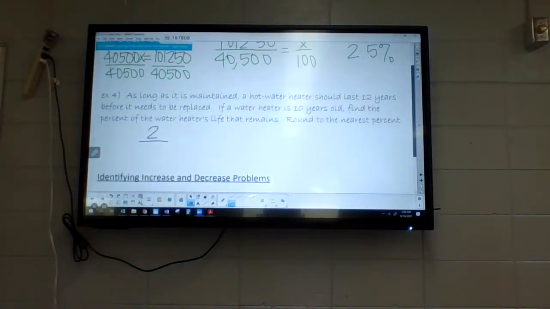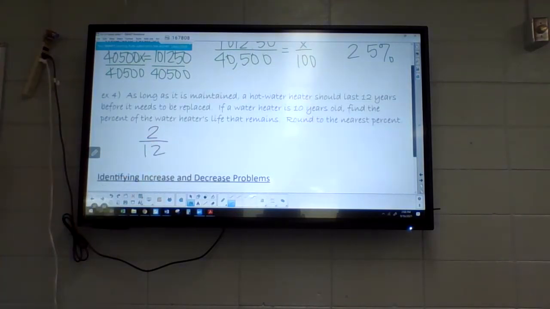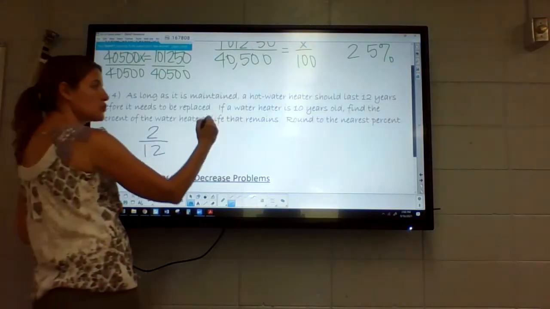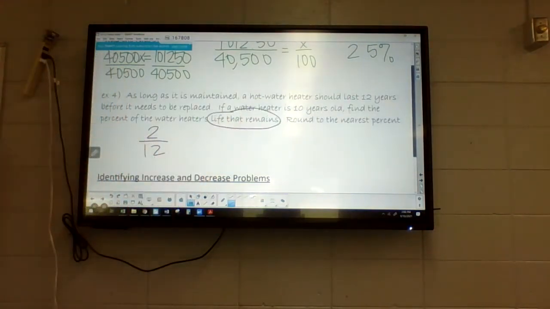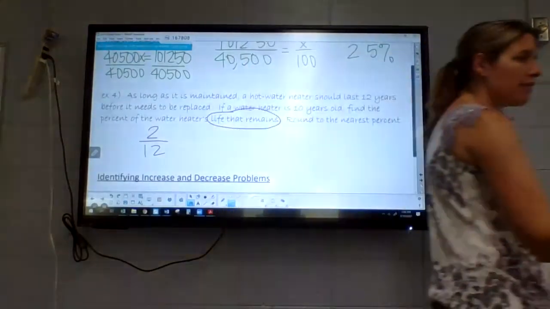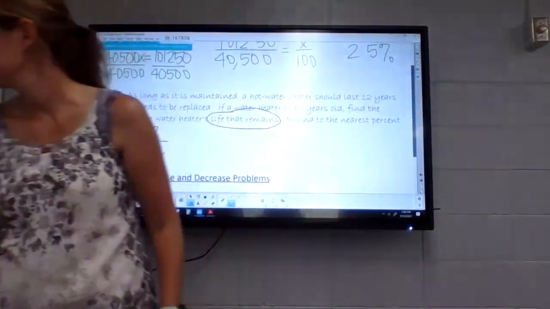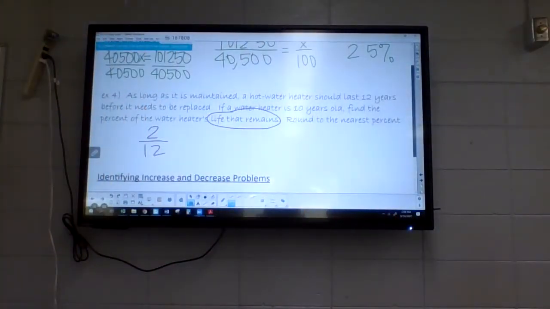What's the life of our water heater? 12 years. We want to figure out what percent of life remains. That's why we're using the 2 rather than what's been used up. If they said how much of its life has been used up, then we would use the 10 on top. Good job on that.